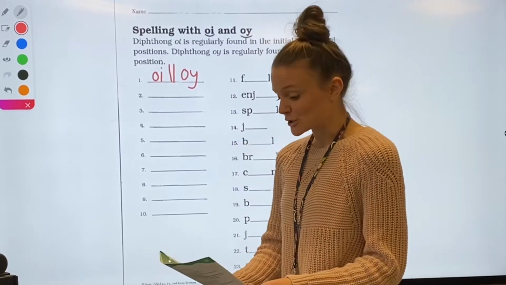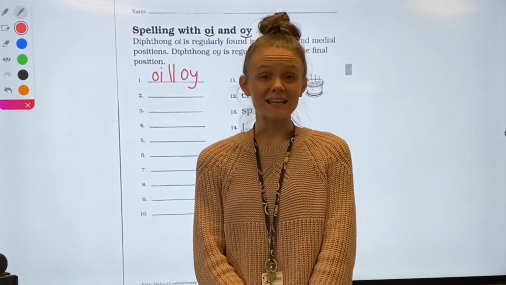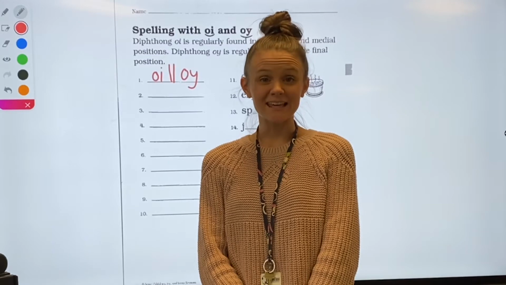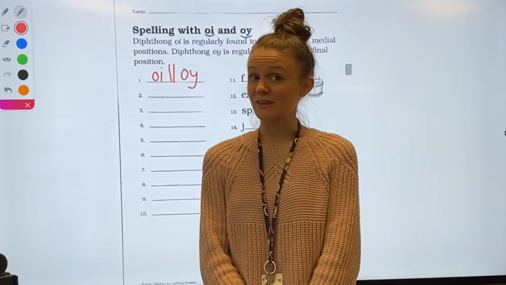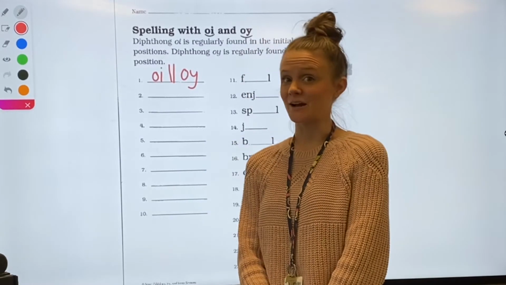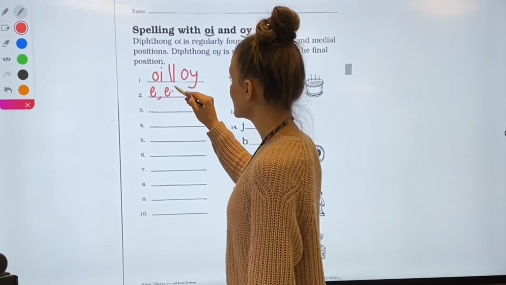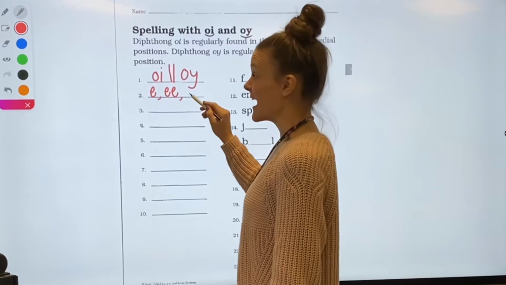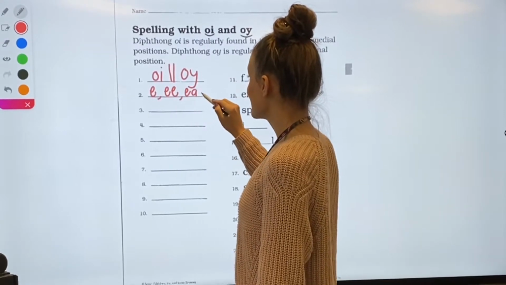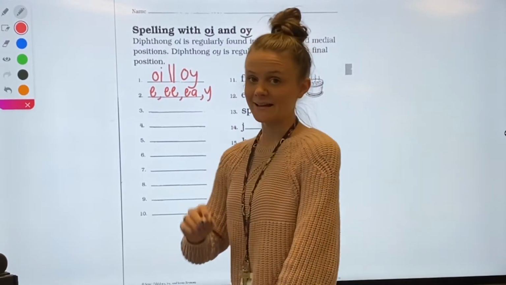Excellent. For number 2, my sound is E. E. We've learned several things that can make the long E sound. We know letter E, the digraph E-E, the digraph E-A, and letter Y.